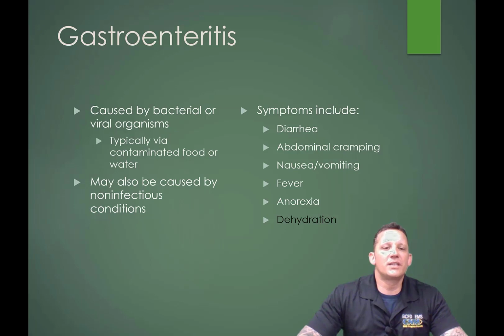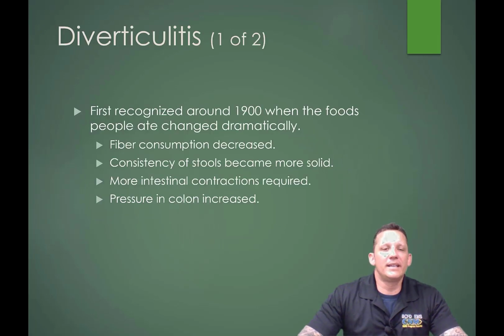It can also be caused by non-infectious conditions, and those symptoms include diarrhea, abdominal cramping, nausea and vomiting, the fever, and the anorexia. Now, on this slide it says dehydration, and that's because the diarrhea is a significant portion of the symptoms, and diarrhea, evacuating fluid from the body in large amounts, will dehydrate even adults quickly.